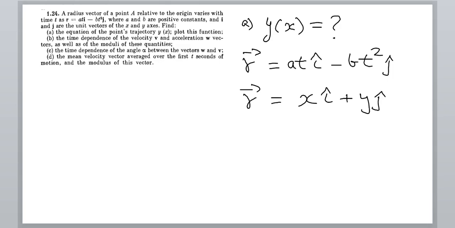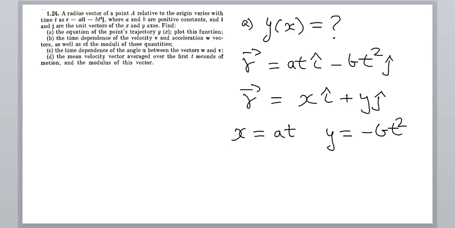So if I compare the coefficients of i cap and j cap, the value of x turns out to be equal to at and the value of y will be equal to minus bt squared. Okay, so these are the values of x and y.